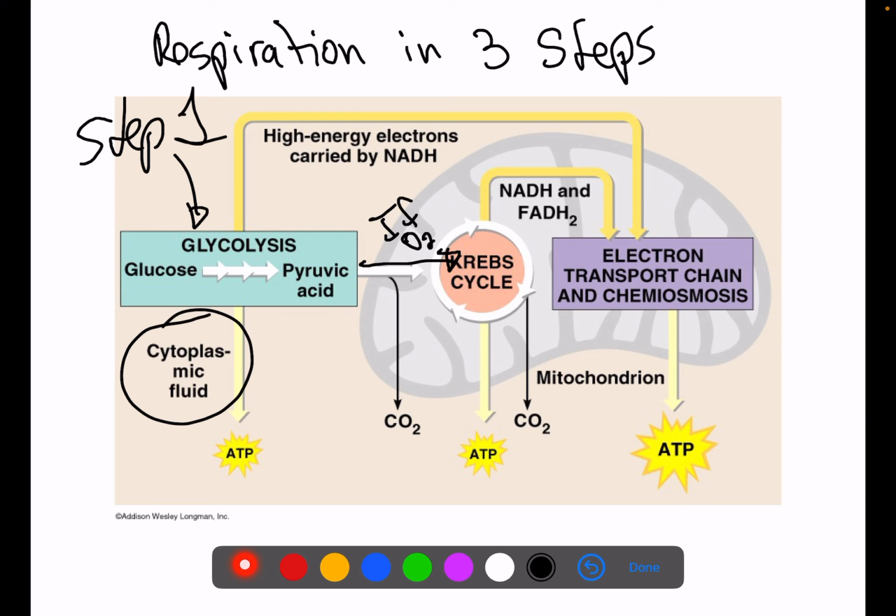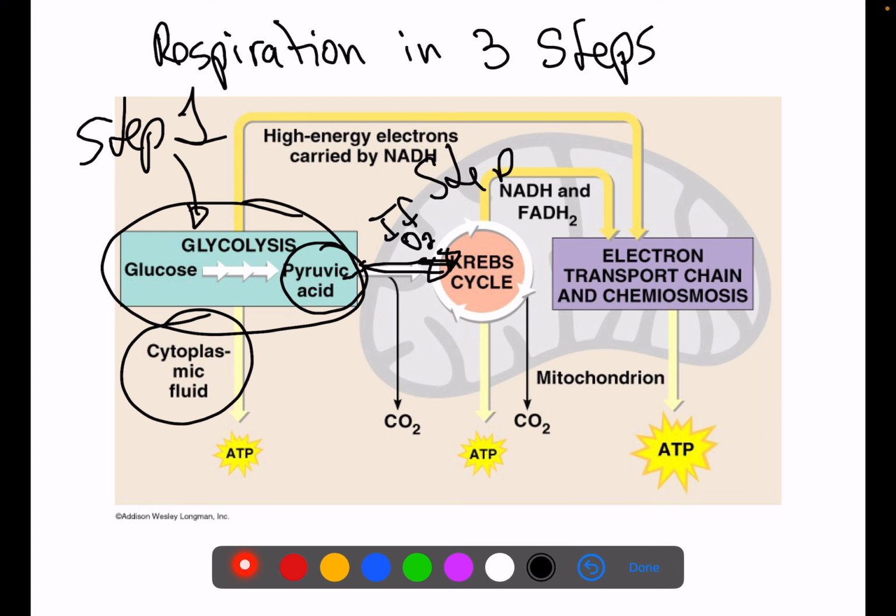Remember, glycolysis is independent of oxygen. But once you're done with glycolysis, this guy right here, if there's oxygen present, this guy is going to be sent into the Krebs cycle. The Krebs cycle will operate. That's going to be step 2. And when the Krebs cycle is done, we can then go to step 3.